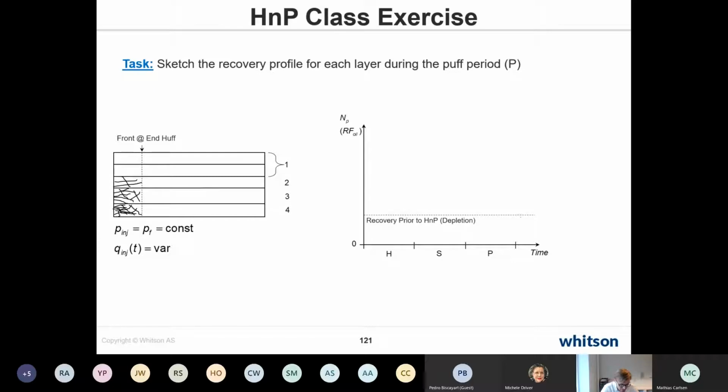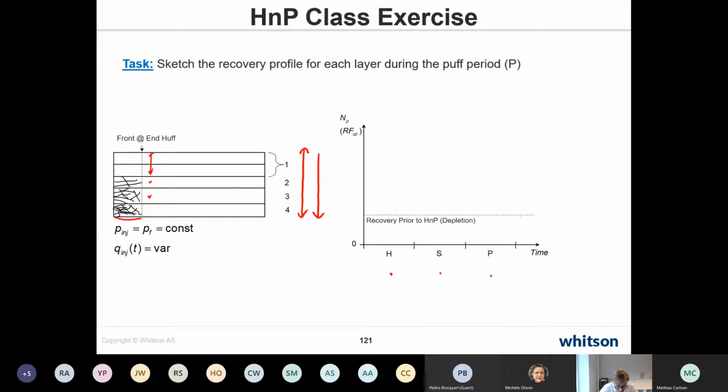I guess this is kind of like a layer cake where the complexity is increasing downward. So this is a more fractured bench than this guy, which is more fractured than this guy, and then there's essentially no fractures or complexity created here. And then we have a huff period, a soaking period, and a production period right here.